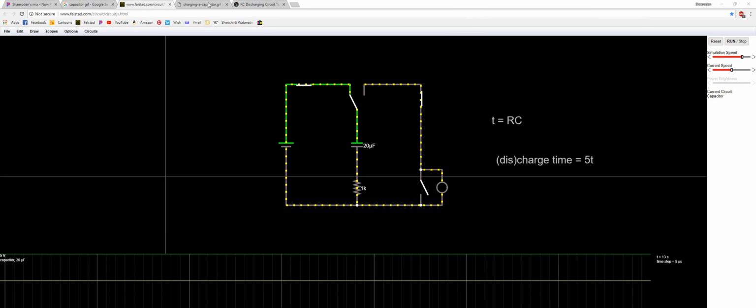Let me try to explain that a little better. So here's an animated GIF that was supposed to be animated. There it goes. So inside a capacitor, what happens is one side gets charged with electrons, and as that plate charges up, it pushes electrons out of the other plate without actually transferring current across the plate, because it builds up an electric field that pushes like charged particles out of the other plate.